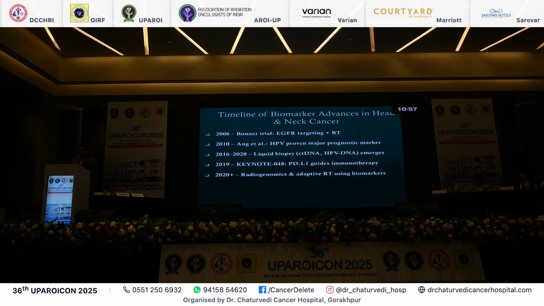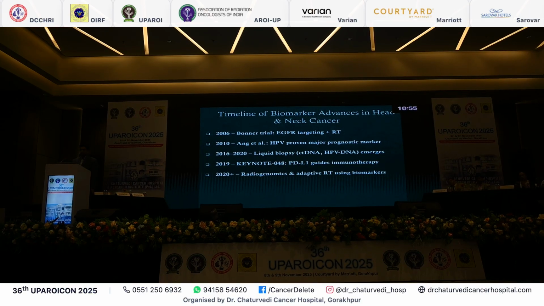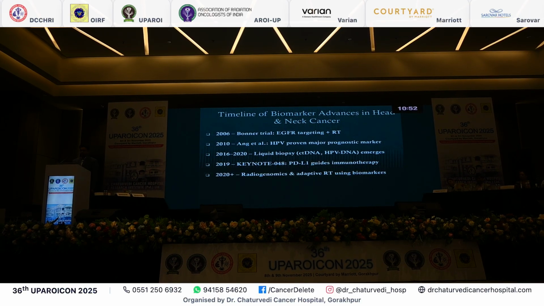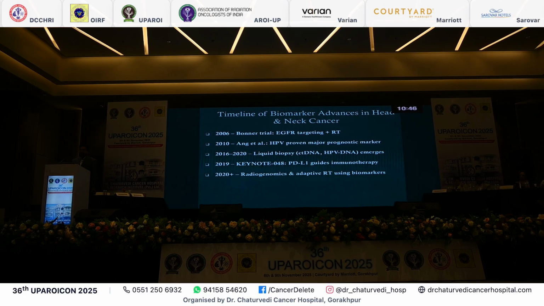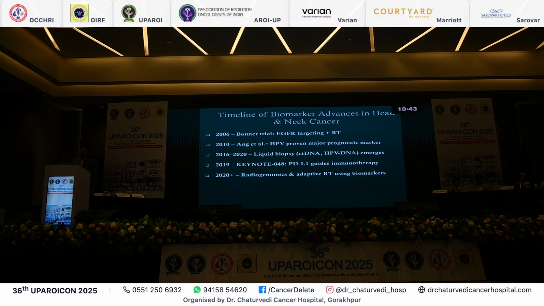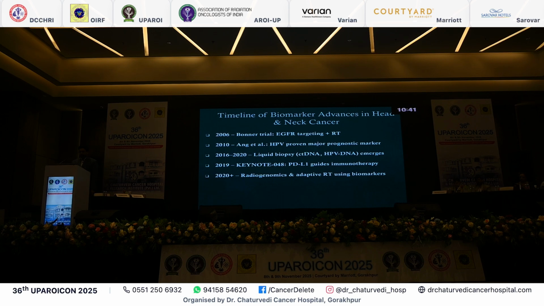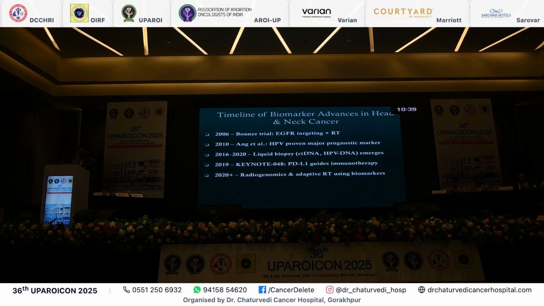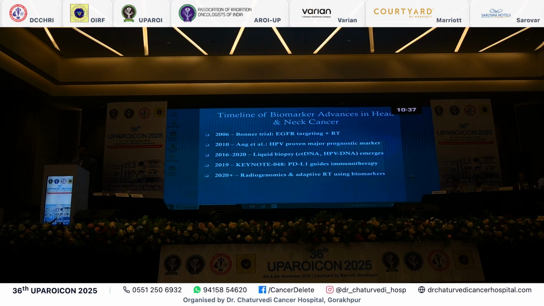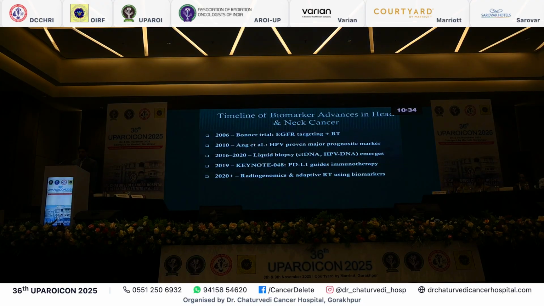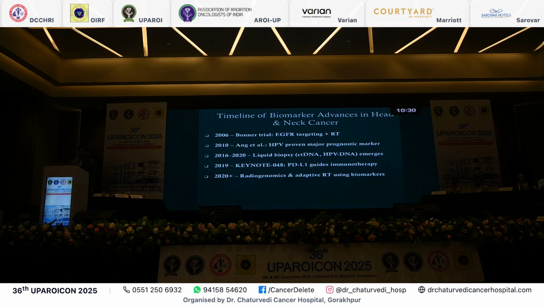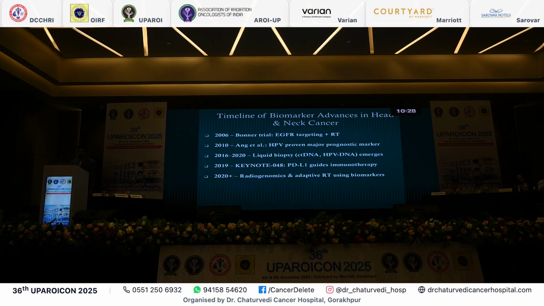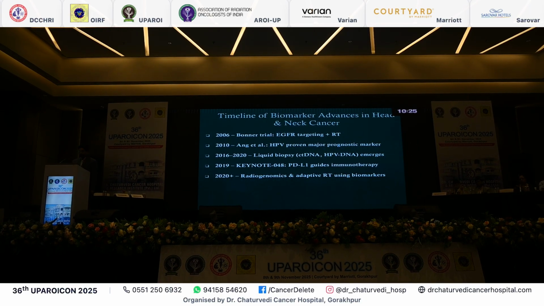In 2016 and 2020, liquid biopsy emerged, which has played a big role in early detection of the cancer as well as in finding the prognosis and early recurrence. In 2019, the KEYNOTE trial showed PD-L1 guided immunotherapy, and now it is radiogenomics and adaptive radiotherapy using the biomarkers.